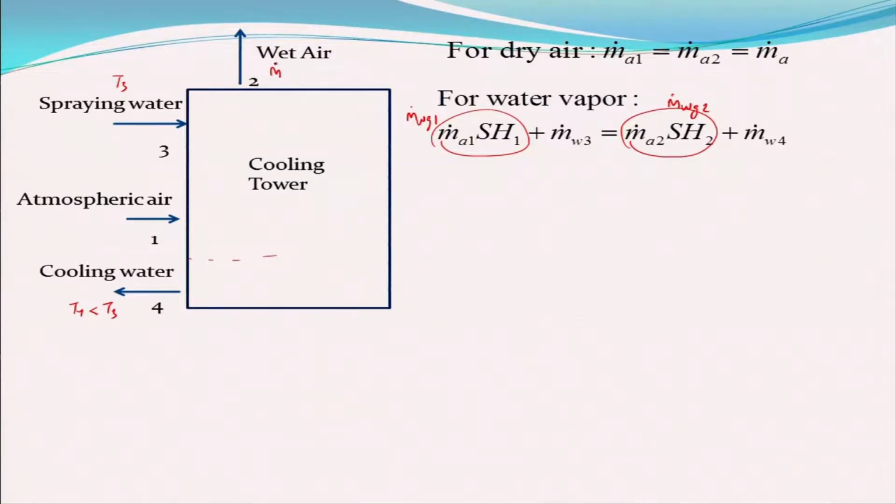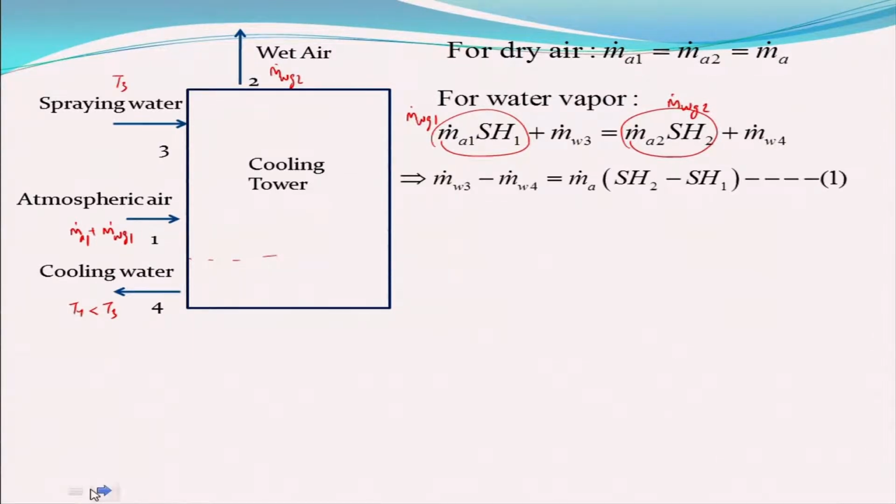This is your m_a ω2, and this is your m_a ω1, plus the total air coming in. So m_w3 and m_w4 is the cooling water. So you can say that m_w3 minus m_w4 is nothing but the mass flow rate of air, because by mass balance we know that, into ω2 minus ω1.